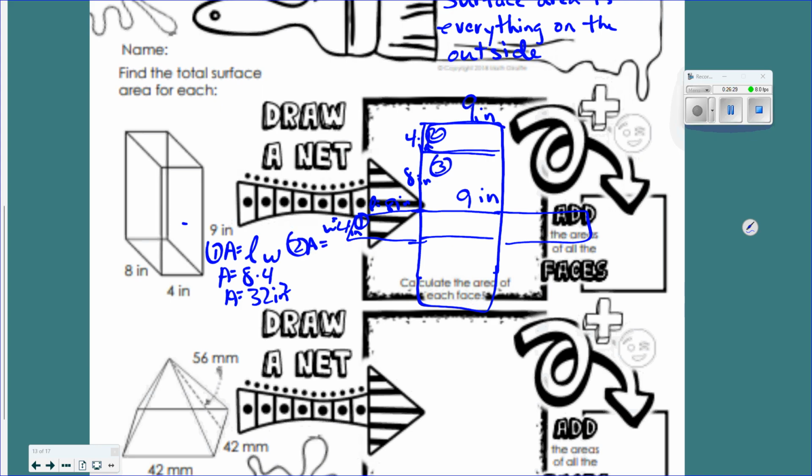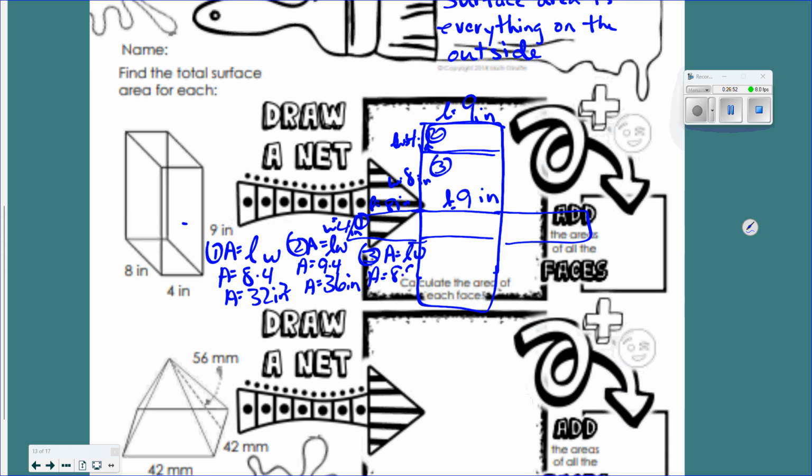So that gives me 9 times 4, or 36 square inches. And number 3 is going to be this one. Gives me a width of 8, a length of 9. So that's going to be 8 times 9, or 72 square inches.